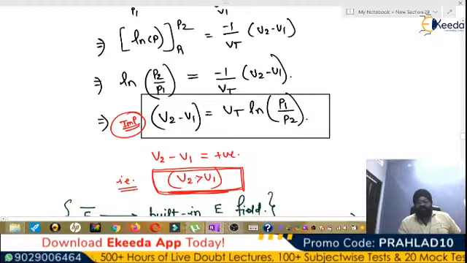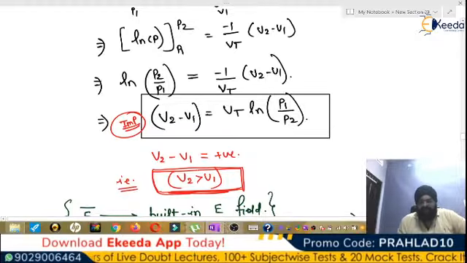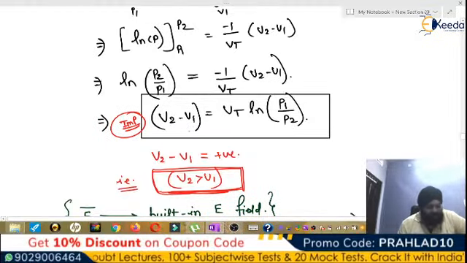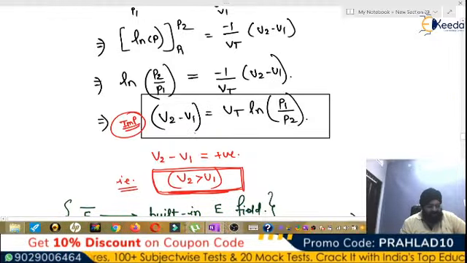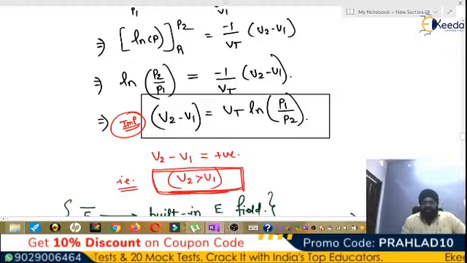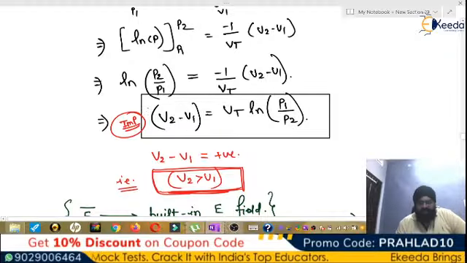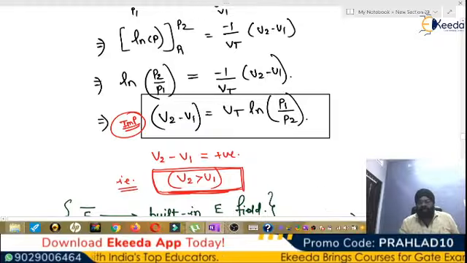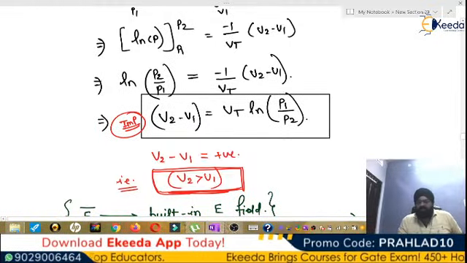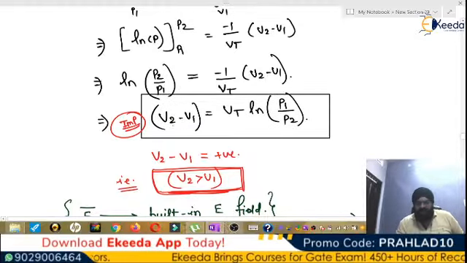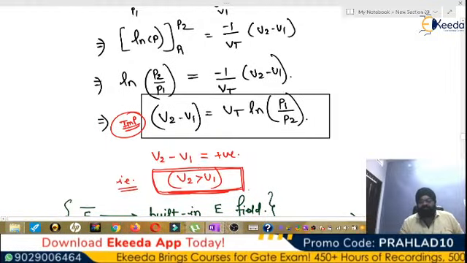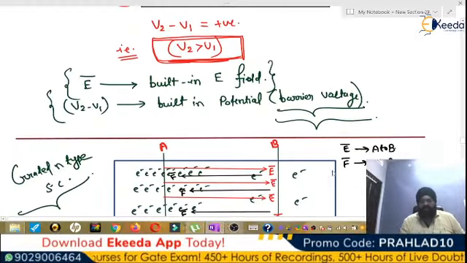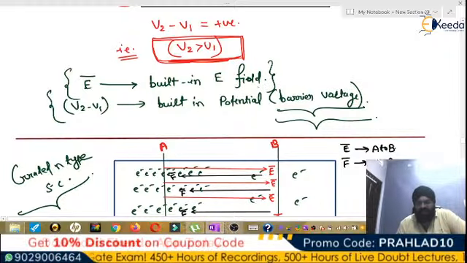So V2 minus V1 is equal to Vt ln P1 by P2. This is our expression of built-in potential. Built-in potential comes into the picture when there is non-uniform doping. When there is uniform doping, P1 is equal to P2, and V1 is equal to V2, so there is no built-in electric field.